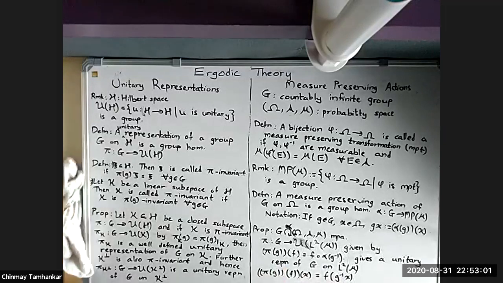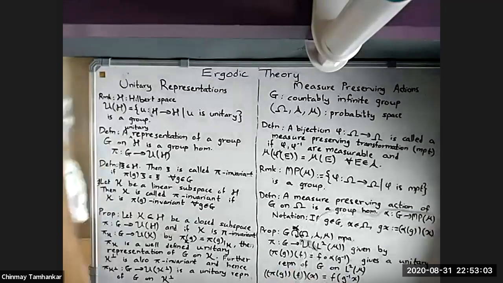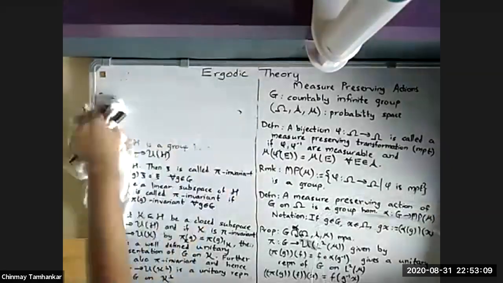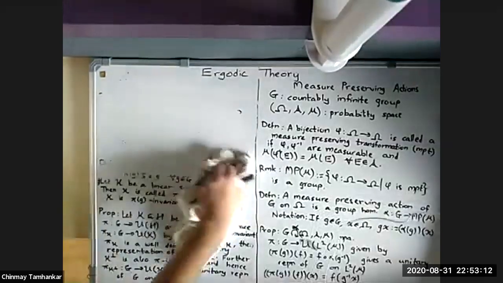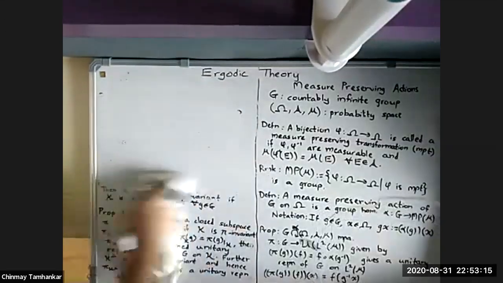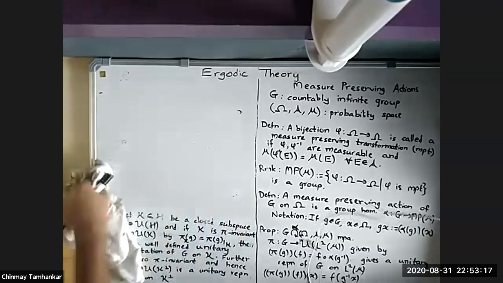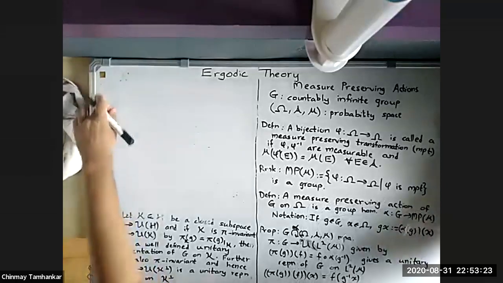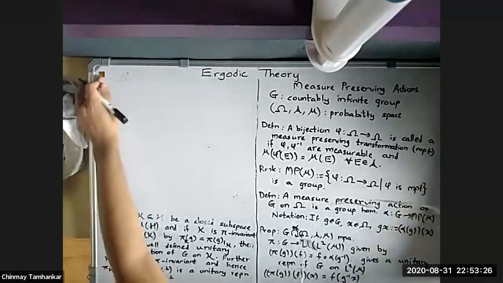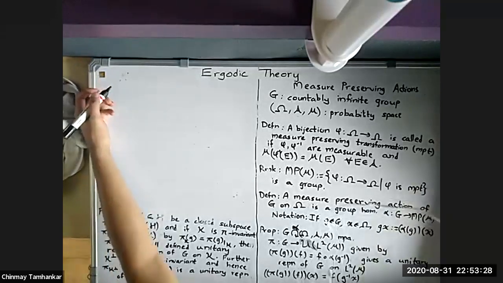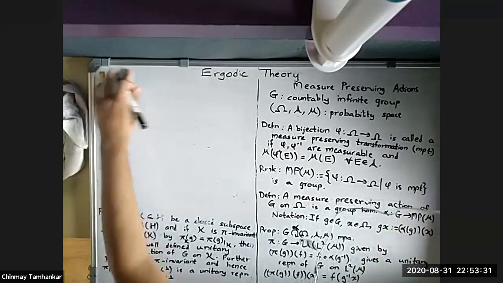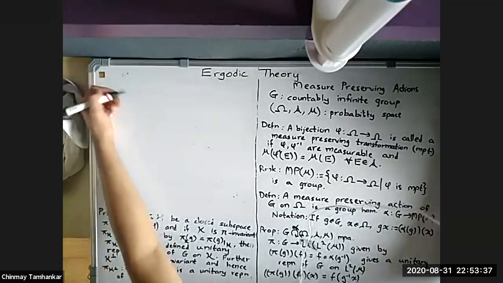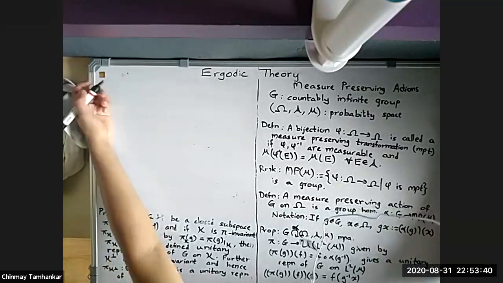I'll erase the left hand side. So this is a unitary representation of G on L2 mu, and what we know is that regardless of the action, the constant functions in L2 mu will be invariant vectors of pi.